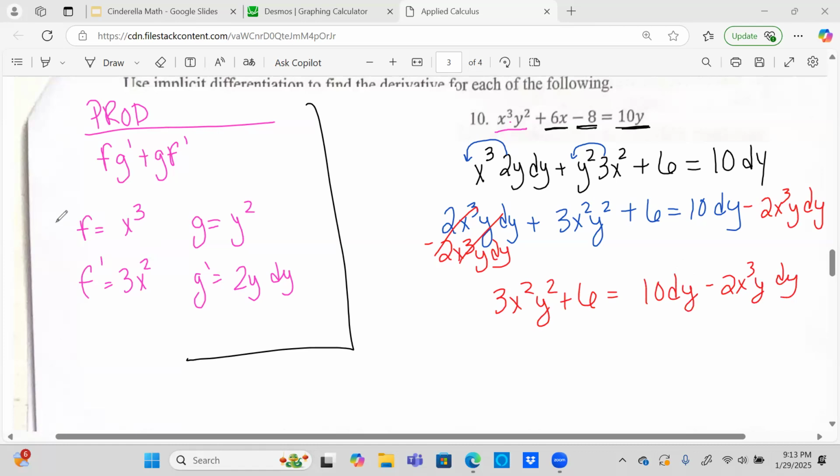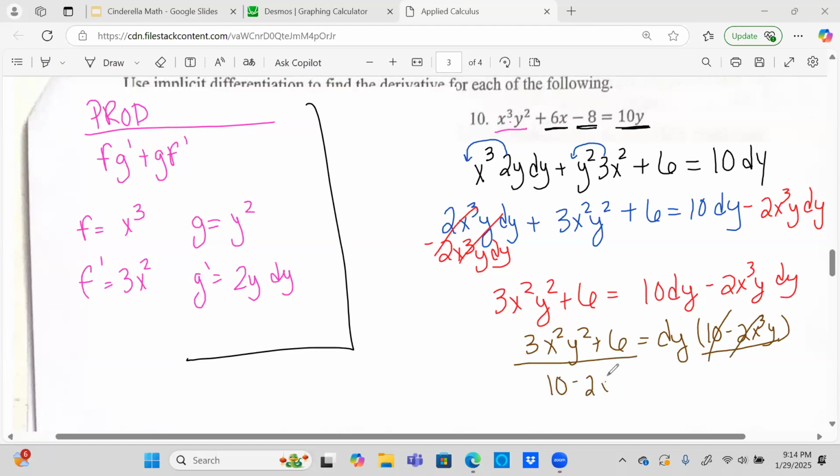On the right-hand side, we can now factor dy, because that's a greatest common factor, leaving us 10 minus 2x cubed y. On the left, just leave it. Divide this off, because we want dy by itself. There we go. So our final answer is right there in that brown box.